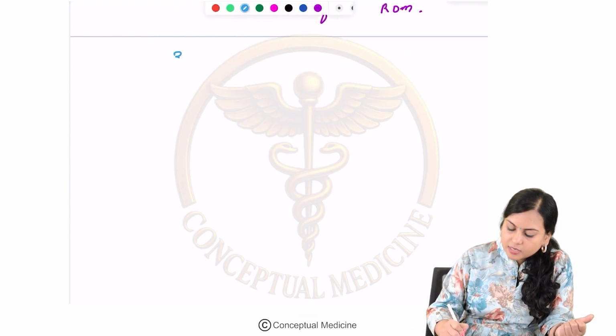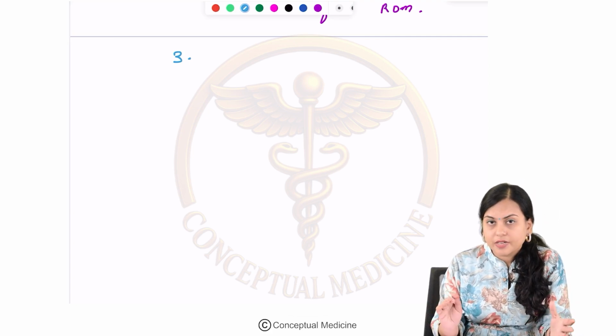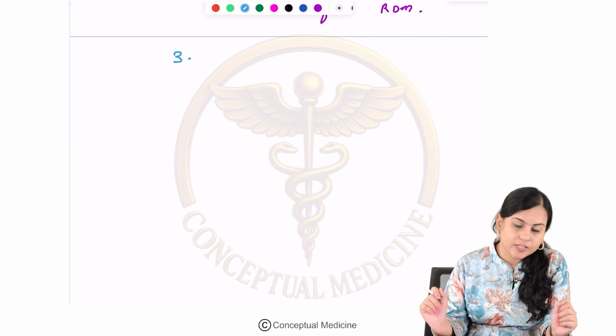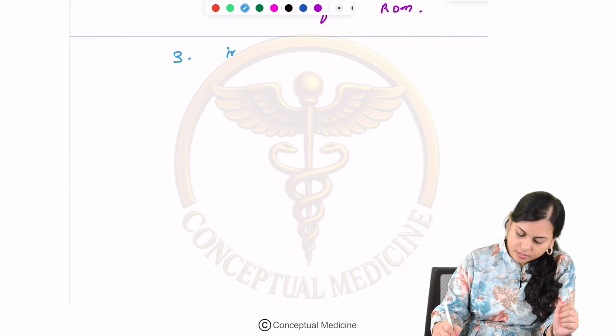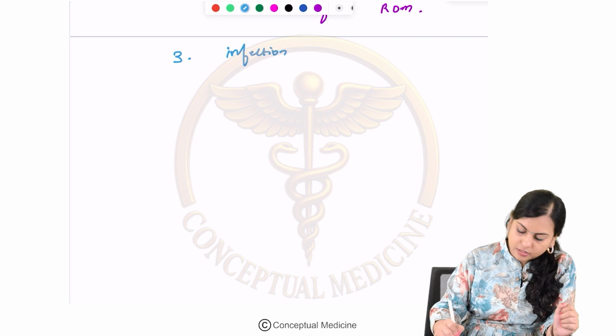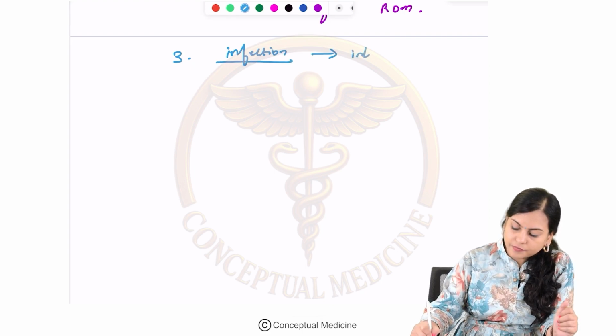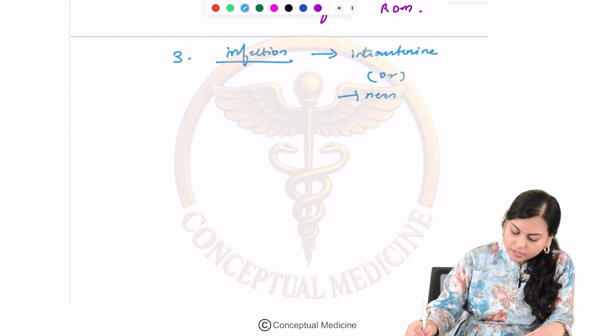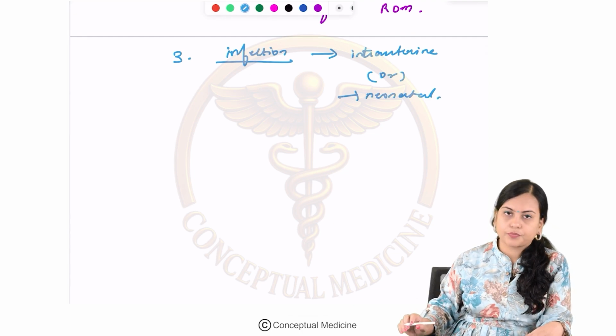And if labor doesn't commence soon after the rupture of the membranes, obviously there is going to be infection that can proceed as an intrauterine infection, or there can be chances of neonatal infection also.